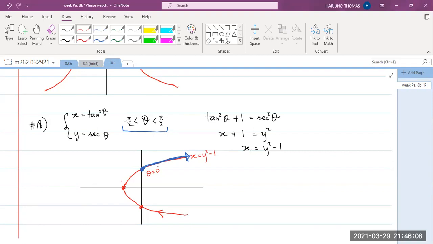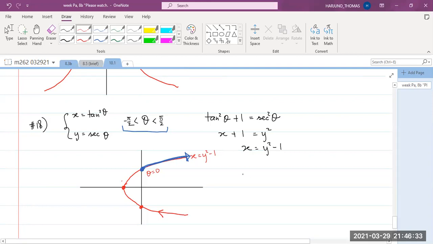Let's say theta is. What the heck? I don't believe this is what the graph looks like. Oh, you know what? I hope you see my confusion.